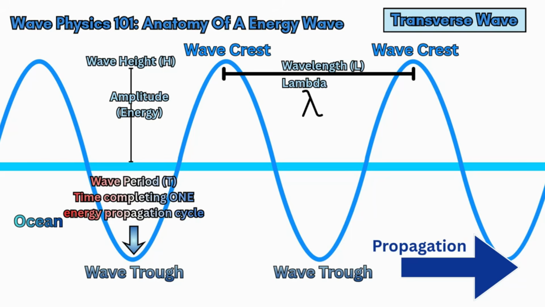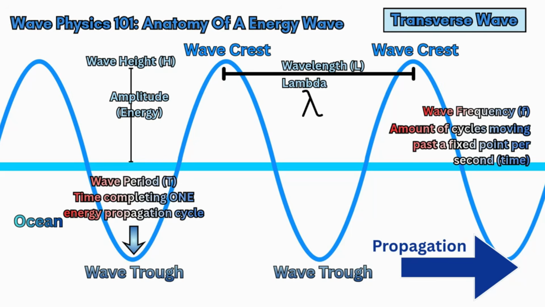We can also include in this diagram of wave physics the wave frequency, which is the amount of wave cycles passing a fixed point. So it's basically the wave period over a longer duration, which gives you the amount of waves passing a fixed point. And this can indicate the amount of energy the wave is carrying based on the same amplitude or wave height.